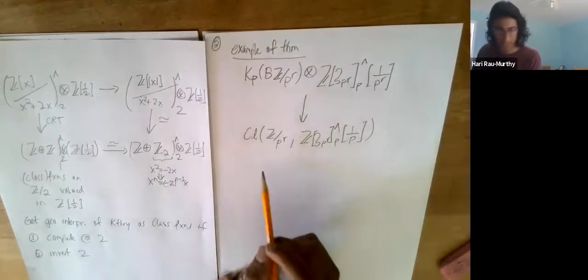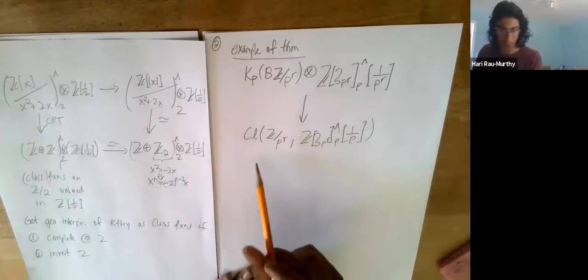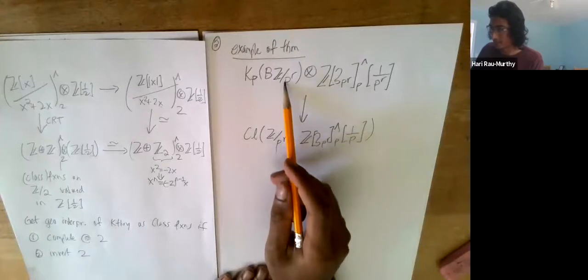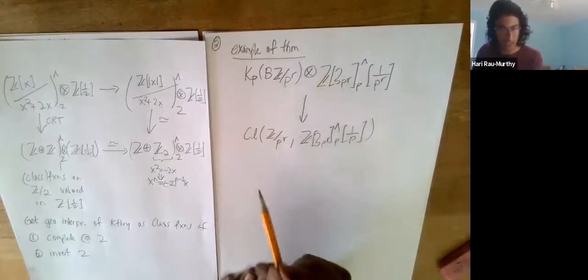And this theorem works just the same for abelian groups because I can take products of Z mod p to the r's.